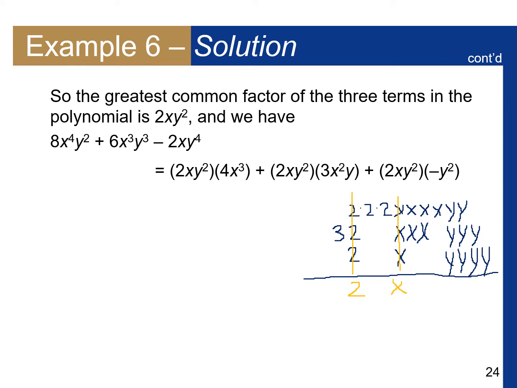And I have y's that are the same here, and y's that are the same here. So you see that would give me my greatest common factor of 2xy squared, just like they said up here, by eyeballing it. Now, if you're good at eyeballing it, that's just wonderful.